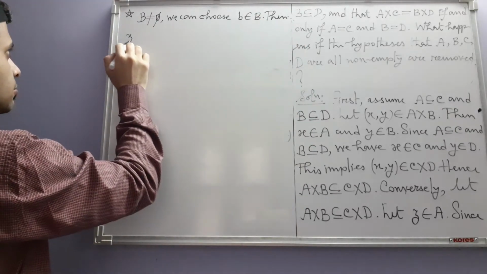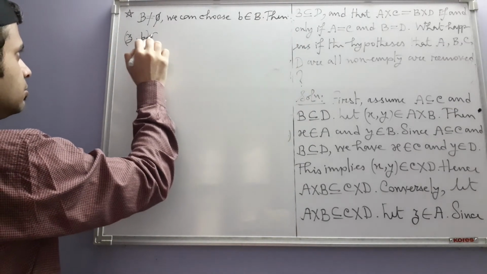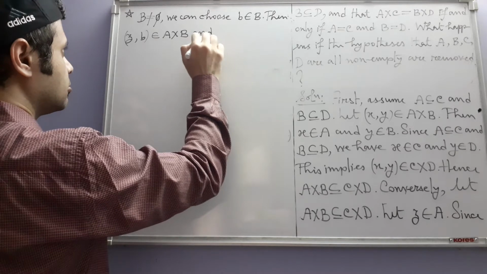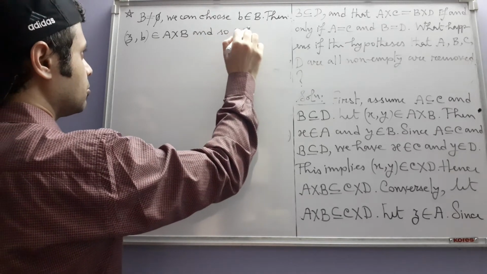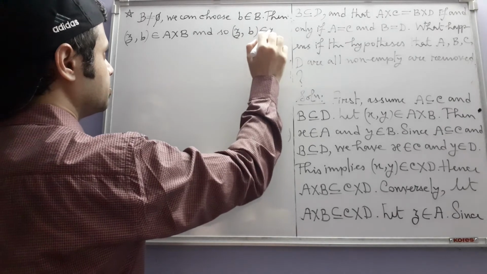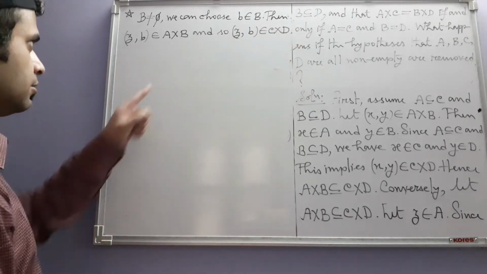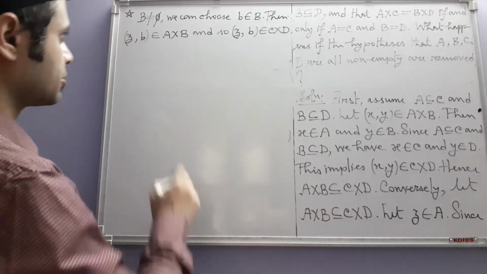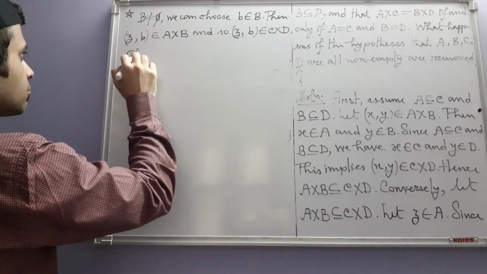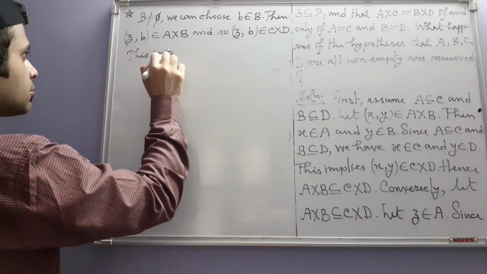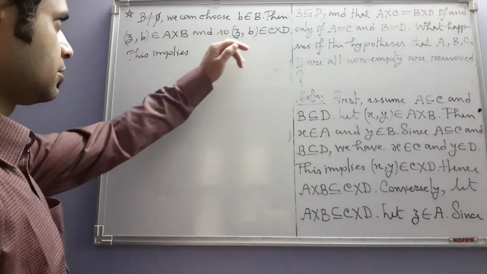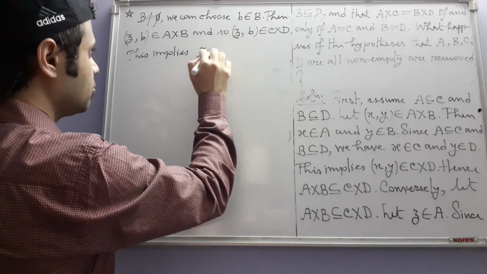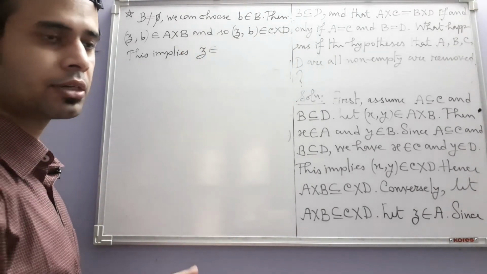Then z comma b belongs to A cross B, and so z comma b belongs to C cross D. This is coming from our hypothesis that A cross B is a subset of C cross D. This implies z belongs to C and b belongs to D. We don't really need b belonging to D. That part we don't need.